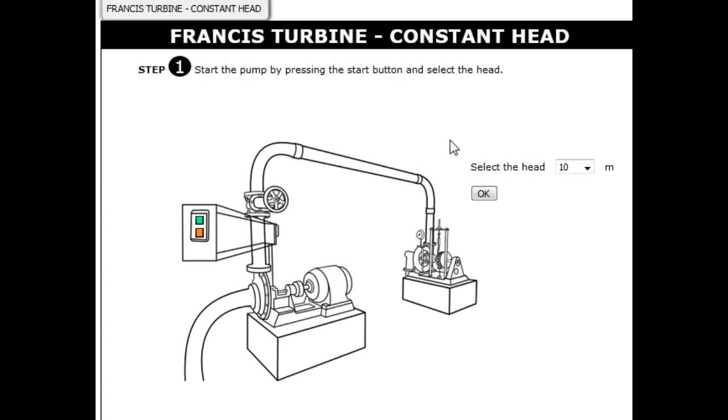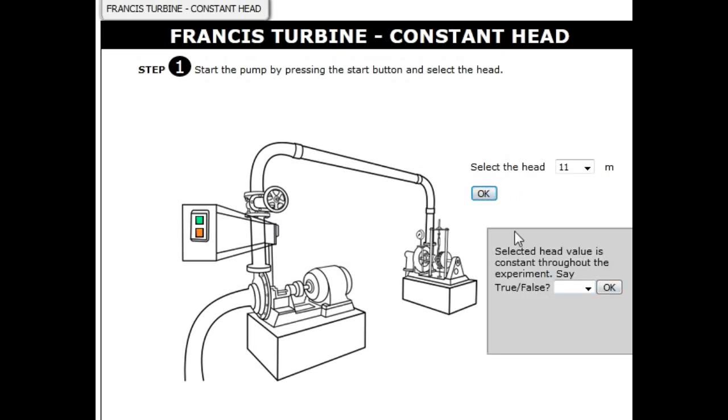I will fix the head to say 11 meters. That means I'm going to open the valve in such a way that there is 11 meters of head over the Francis turbine. This is a constant head turbine.